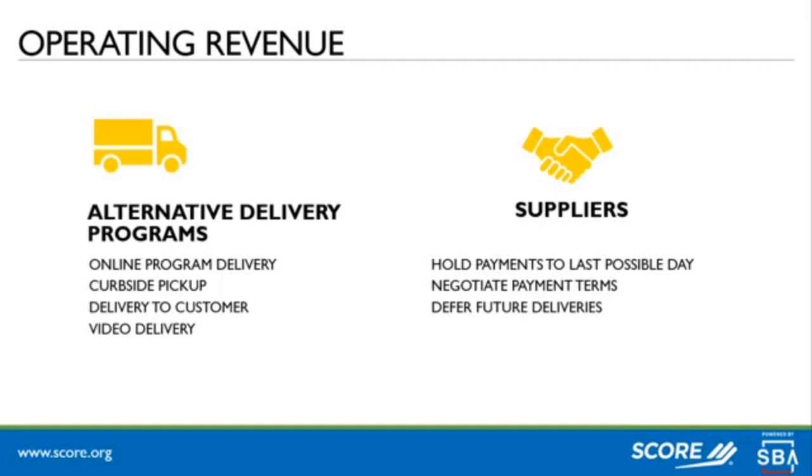Curbside pickup, restaurants have gone to curbside pickup in order to continue selling their product. The delivery to the customer, there are businesses like floral shops that really weren't open at any other time, but they've gone to delivery where people can order and have it delivered to their home. And then there's video delivery.